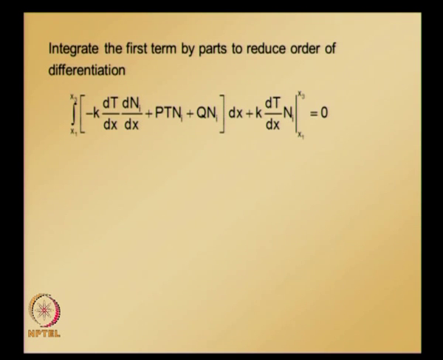We get this. We have seen this kind of procedure earlier when we were solving problems using Galerkin criteria. So, the same procedure you can adopt to do this integration by parts.